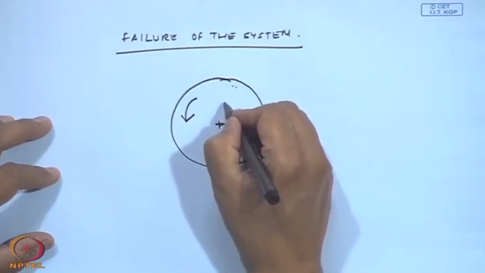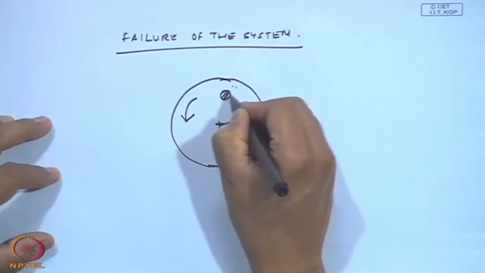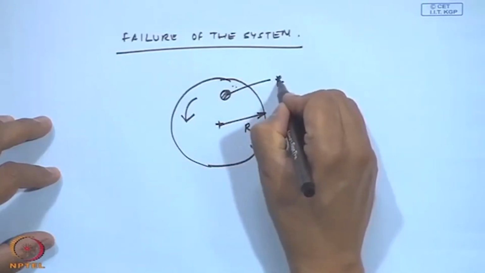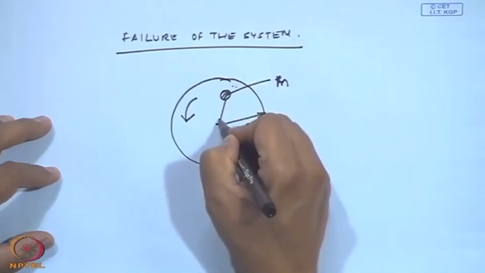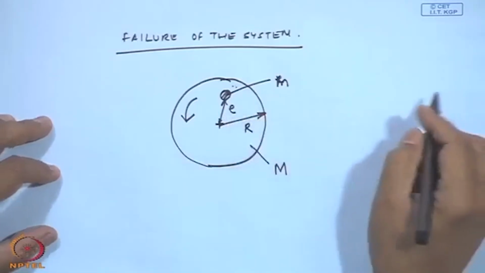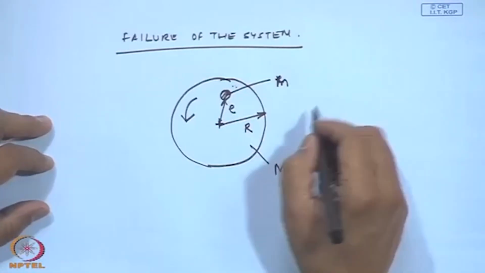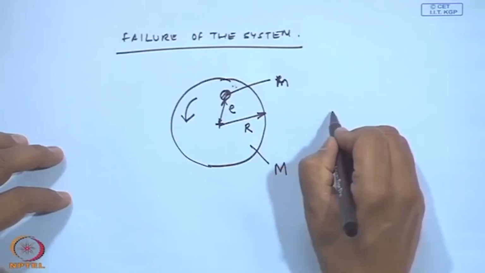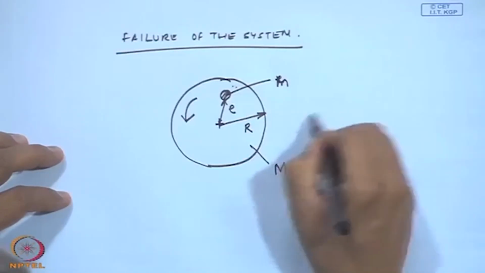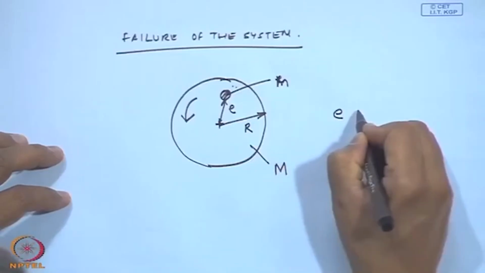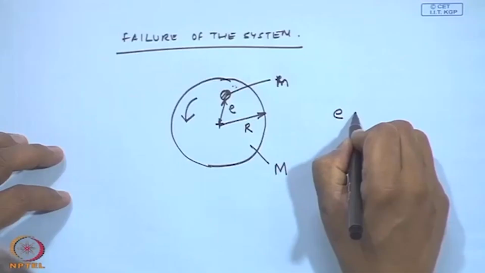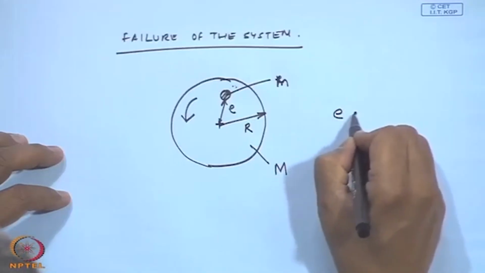At some location E, I have a small mass m at a location of E. So, the amount of unbalance, the unbalanced force, can be written as given by this expression.